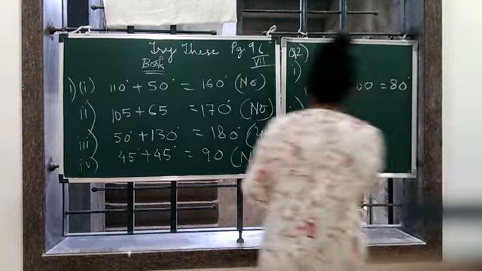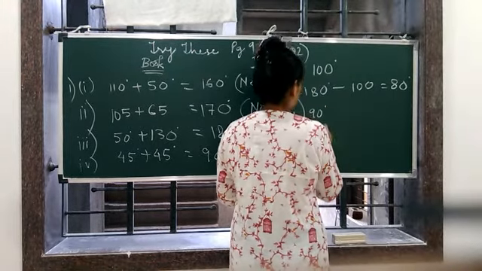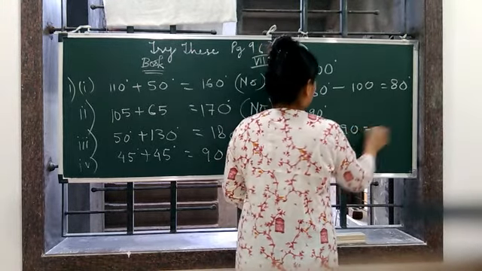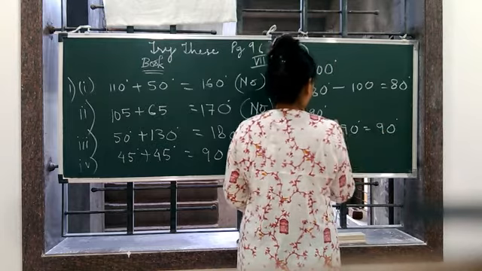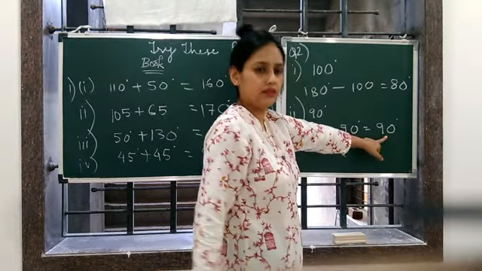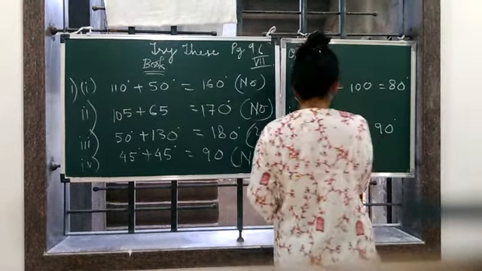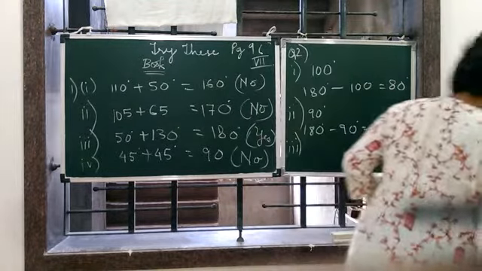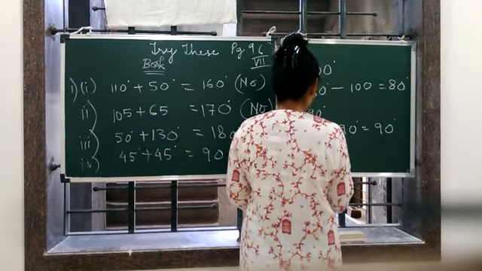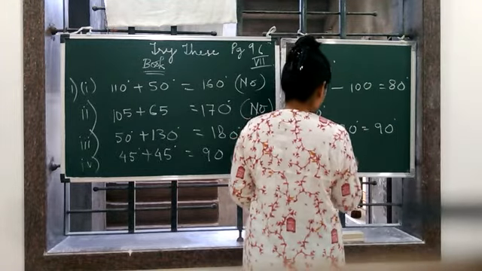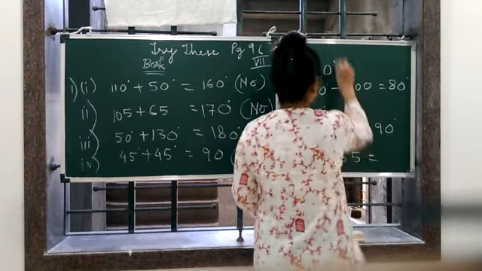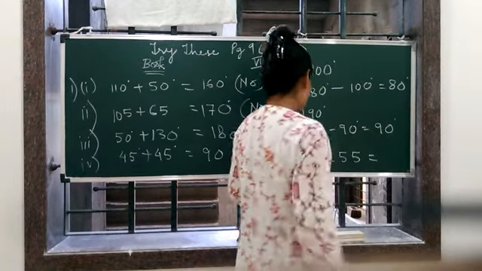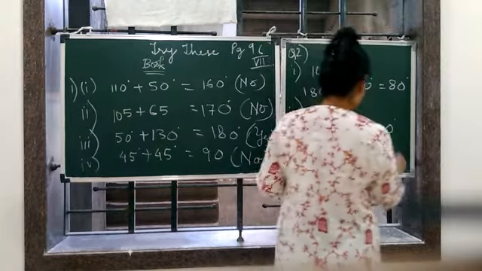Similarly for 90, we are going to subtract 180 minus 90, which will give us 90 degree. So the second angle is what? 90 degree. Third one, 55 degree. So you are going to subtract 180 degree minus 55 degree. So it will be 10 minus 5 is 5.